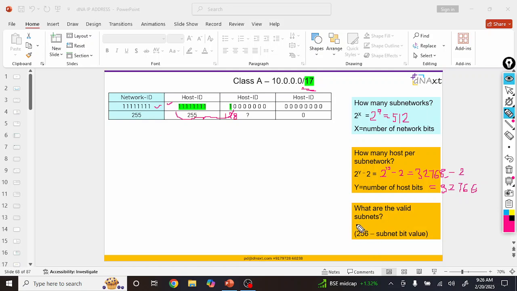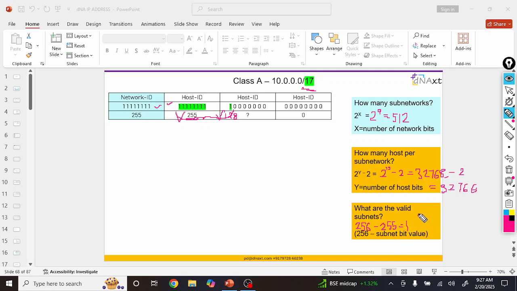What will be the increment? That is given by the formula 256 minus the subnet bit value. Now there are two subnet bit values, as there are 9 bits which accommodate one full octet and one bit from the third octet as well. So there is one subnet value of 255, so an increment of 1 will be there in the second octet.